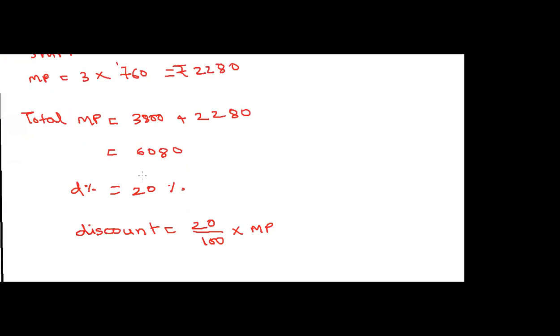The total mark price is 6080. So 20% of 6080. The 10 will get cancelled with this, and 10 will get cancelled with this. Now 608 into 2 will become 1216. So 1216 would be the total discount on this bill.